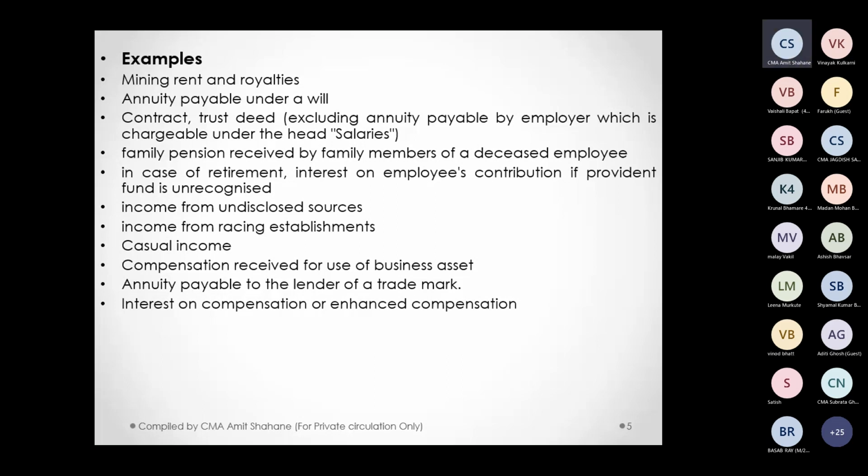But let's say there is a delay and you have received the compensation after, say, 1 year. And the agreement says that if there is a delay in paying the compensation, you are liable to receive interest. So along with the compensation, you have also received the interest.